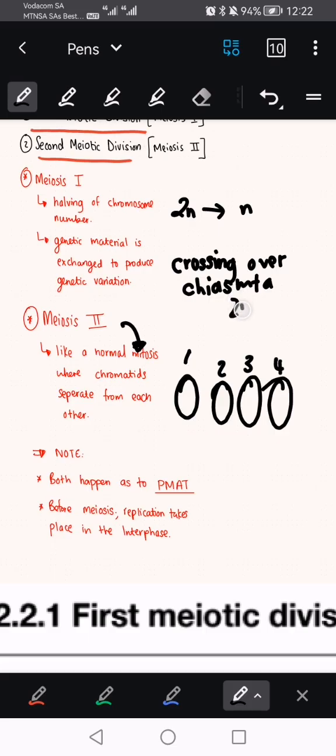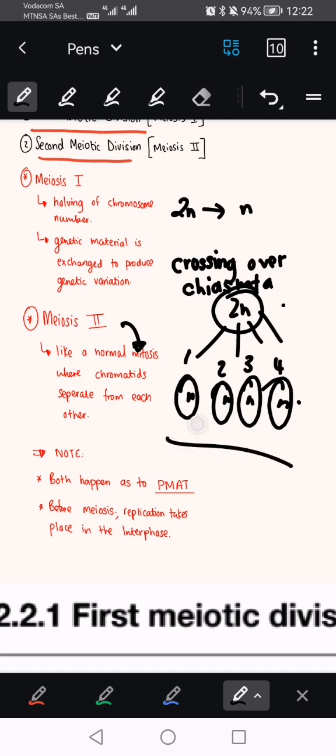So you went from a cell that was 2N, and the end product must be 4, depending on how much you started with, 4 different haploid. Right, so you went from diploid to haploid. Meiosis 2 is just to ensure that the 4 are haploid. They already become haploid here. Here it's just to ensure that the copies are being made, so that we can have 4 haploid.